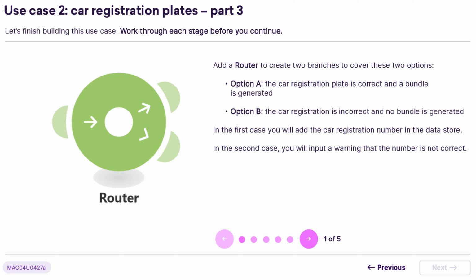In the alternative scenario, if the car registration is incorrect and thus no bundle is generated, you will send out a warning indicating that the number is not correct. This key step helps maintain data integrity by identifying and flagging inconsistencies. By setting up these distinct pathways, you can ensure efficient data flow management, reducing errors, and enhancing the system's reliability.